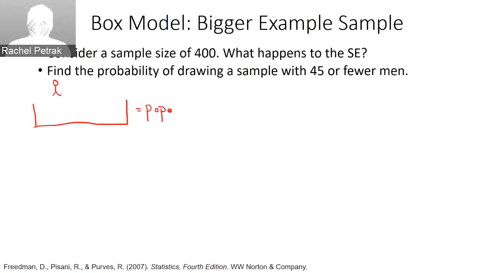So we have the same box as we did before. We're drawing from the same population. Oh, this is a woman because apparently women all wear skirts. And we still have 3,581 males and 3,091 females.